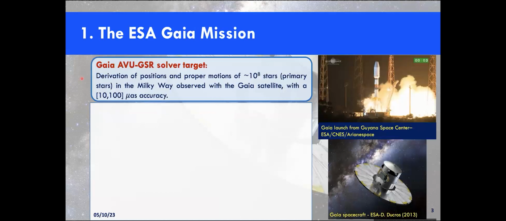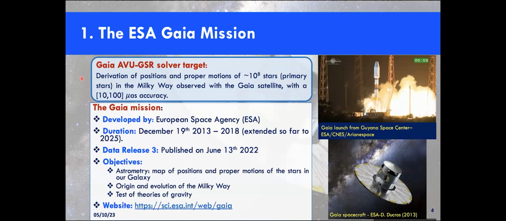The Gaia AVU-GSR solver aims to derive the positions and the proper motions of about 10^8 stars in the Milky Way, observed with the Gaia satellite with a very high accuracy in the range of 10-100 microarcseconds. The Gaia mission was developed by the European Space Agency.